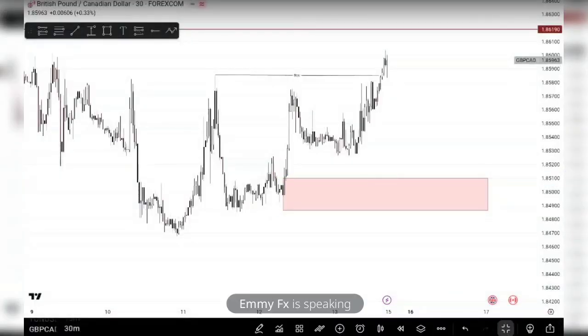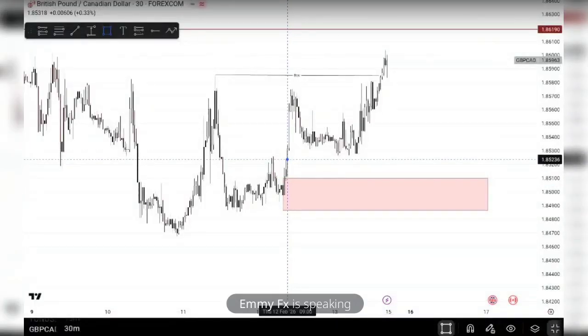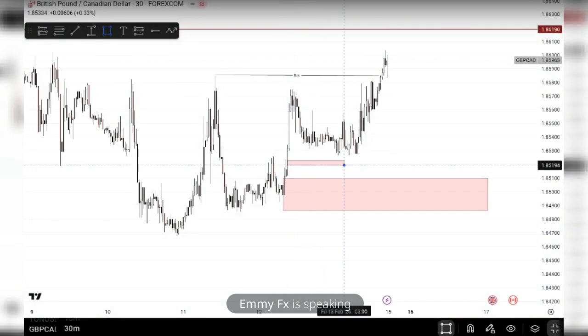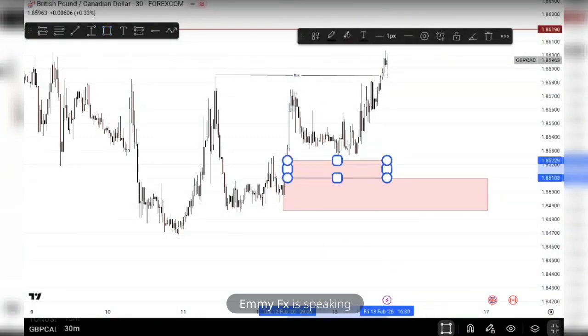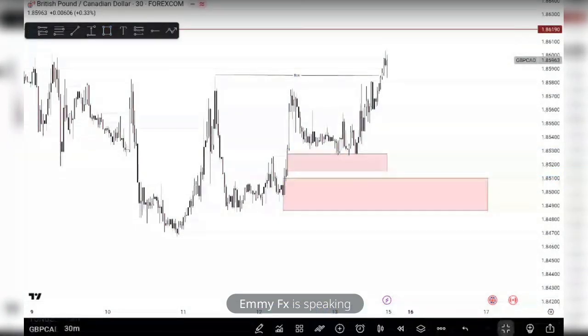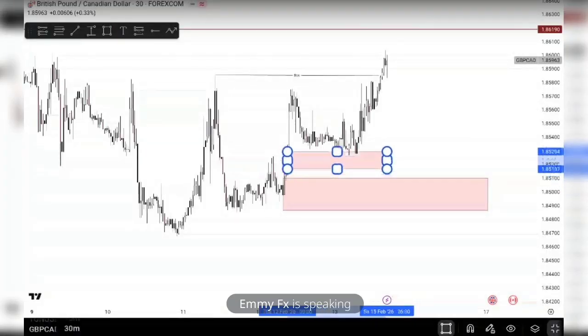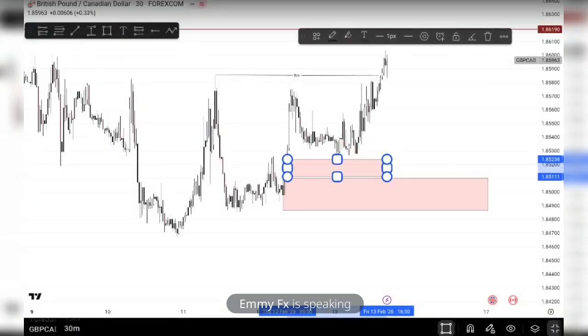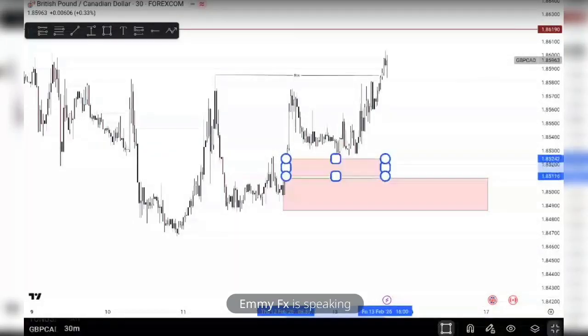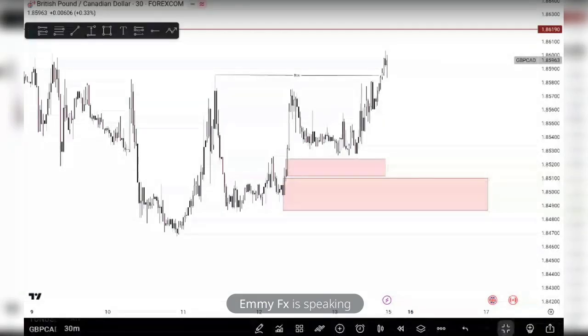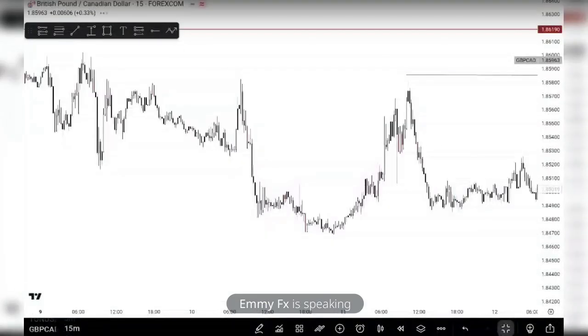Although price did react from this order block here, price did react from this candlestick here, which is the order block, I think from the fair value gap at that spot. So price did react from that fair value gap. Let us move to the 15-minute time frame.